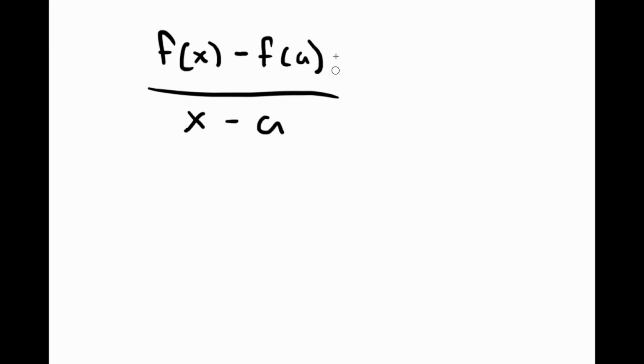This tells us the slope of the tangent line, rate of change, instantaneous rate of change, and it can also help us to solve word problems. Just this equation right here.